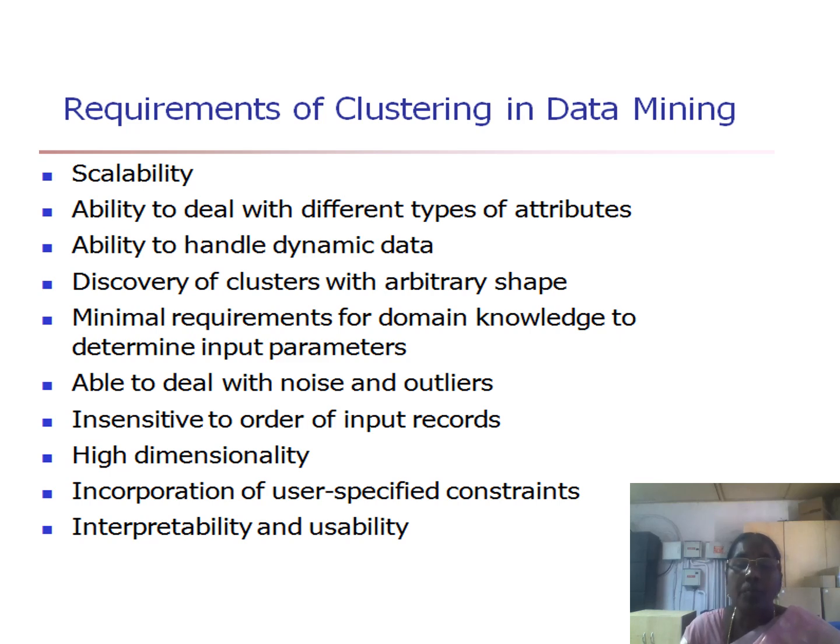And incorporating user-specified constraints. So far we have learned about scalability, how to deal with different types of attributes, how to handle dynamic data, domain knowledge, and how to handle noisy data. But here it is user-specified constraints. Suppose you are finding locations for ATM machines.